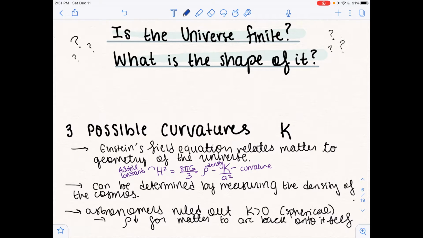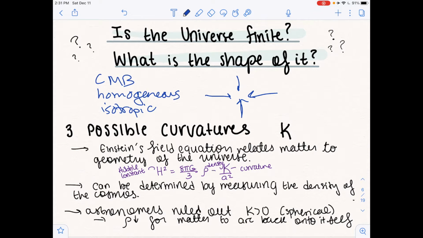By examining the cosmic microwave background radiation, our universe appears to be homogeneous and isotropic. This is because the CMB is coming towards us from every direction with essentially constant temperature.